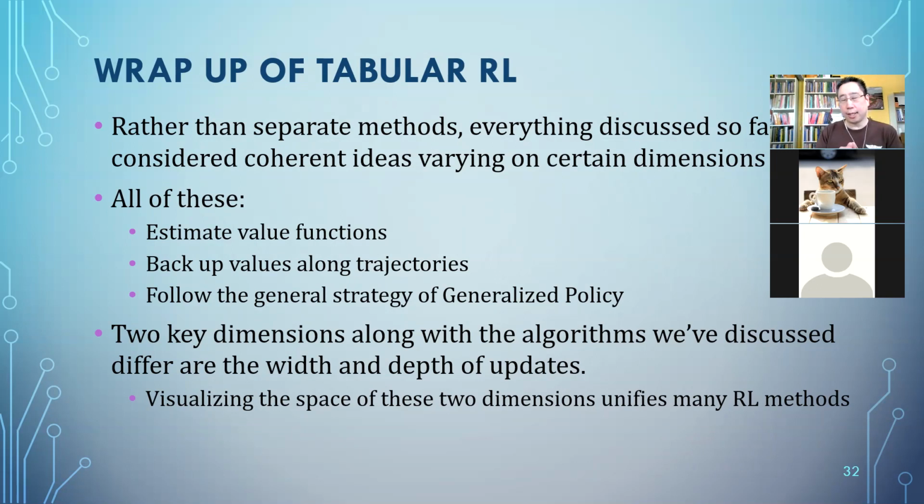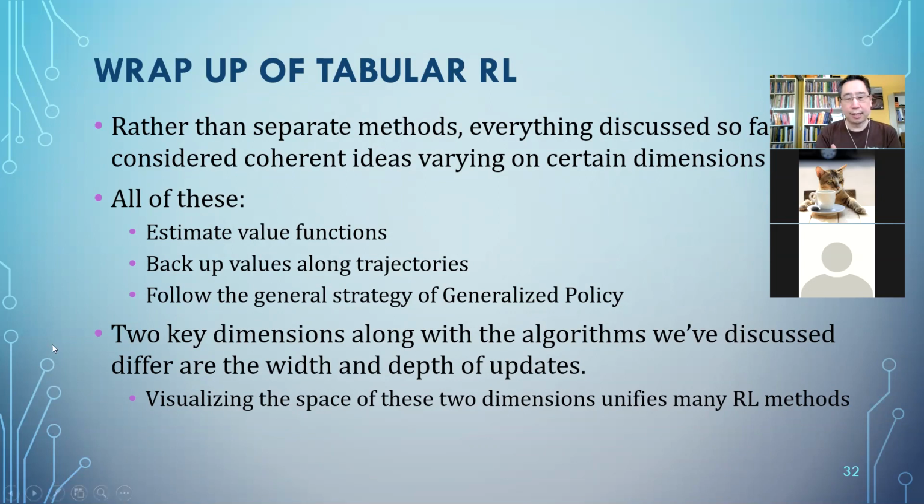And one of the things that they wanted to emphasize is that we shouldn't think of the different techniques, dynamic programming, Monte Carlo, TD, we shouldn't think of these as completely separate, independent little methods, but rather think of them as sharing a lot in common and just basically having knobs that you tune on certain dimensions.